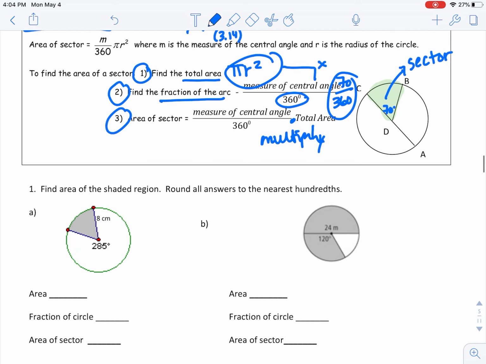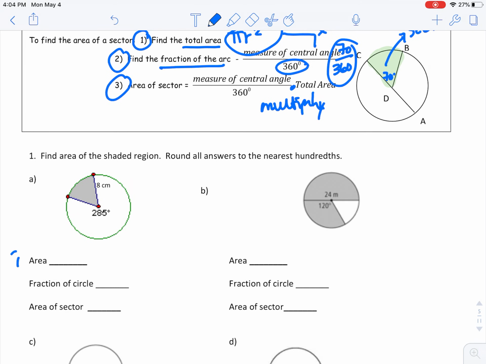Let's go through the steps. I've written out step 1, step 2, step 3, so it's nice and easy. Step 1, what's the area? It would be pi, which is 3.14, times the radius squared. When I type that in my calculator, I get a big number. Then what fraction of the circle?